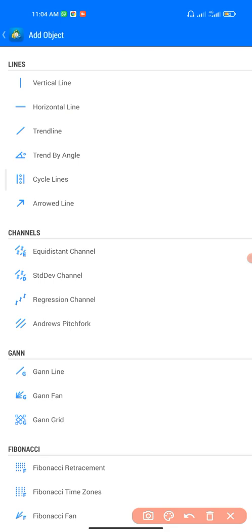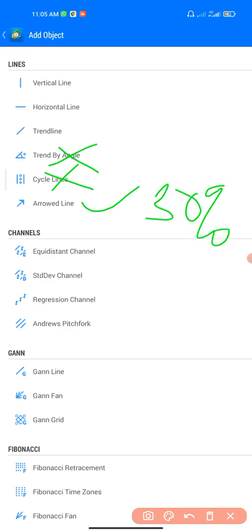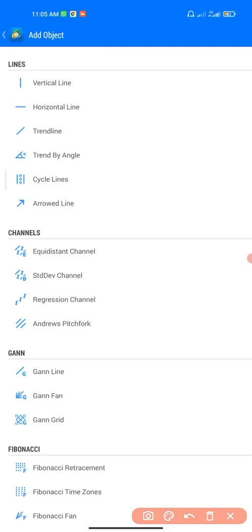Then I don't use this, though some people use it and I know how to use it. It's important, I just don't use it. These arrows, I think I use them 30% of the time, because maybe I want to send an analysis to someone. I can use the arrow to indicate my projection, whether I want to buy or sell.